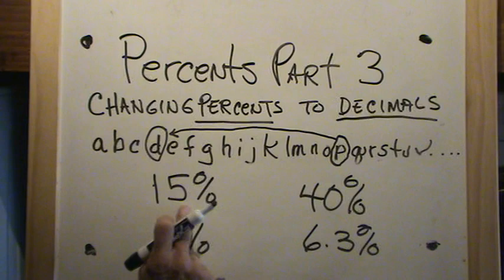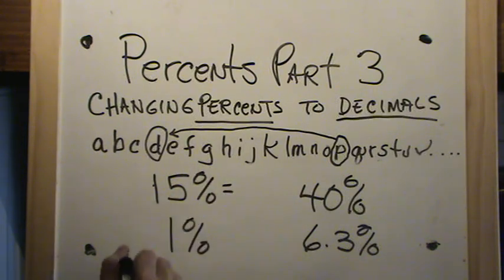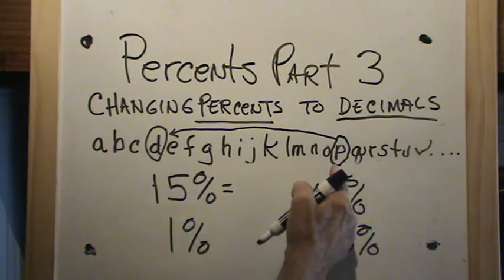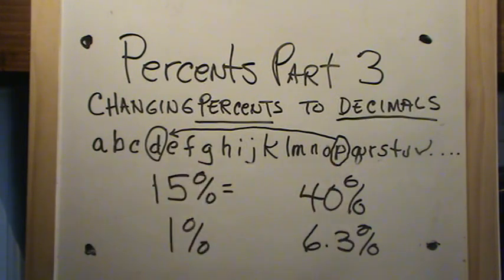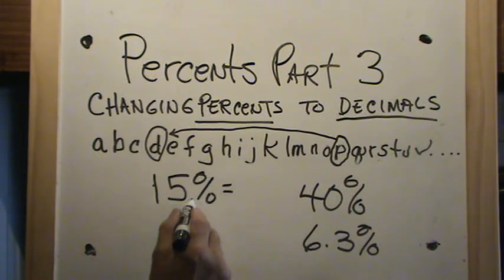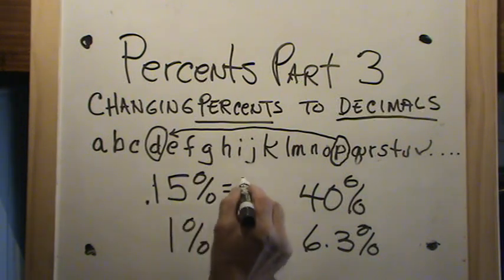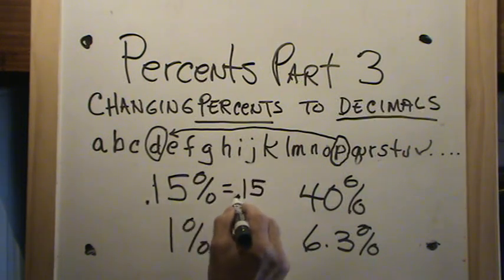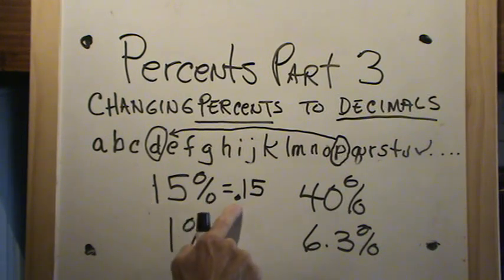Well, we have 15%. We want to change it to a decimal. We know we have to move 2 places to the left because we're going from percent to decimals. We know there is a decimal point here that's not written, so we'll move 2 places, 1, 2. So 15% in decimal form is 15 hundredths.